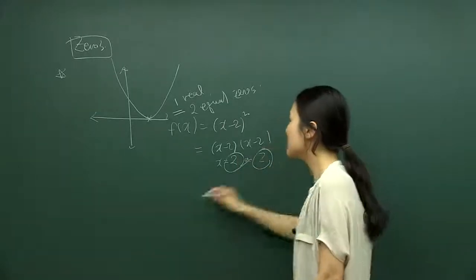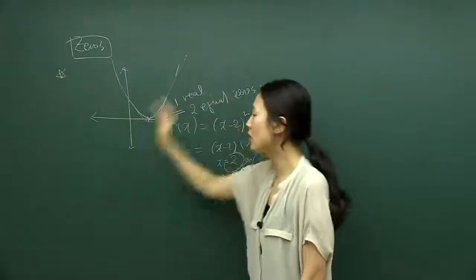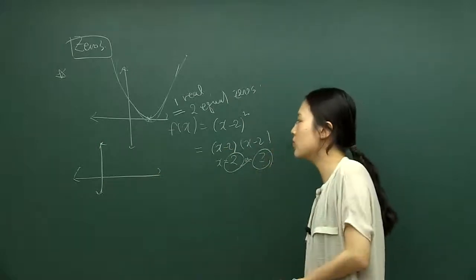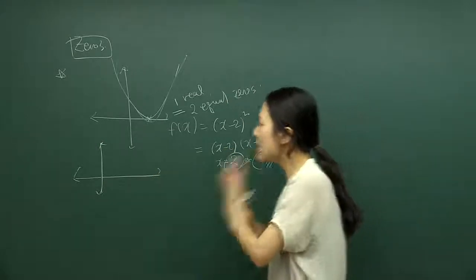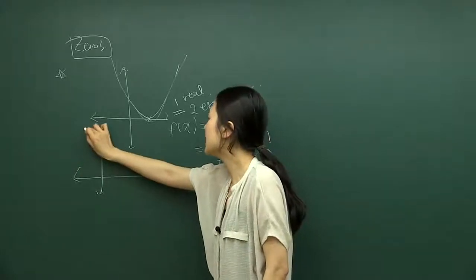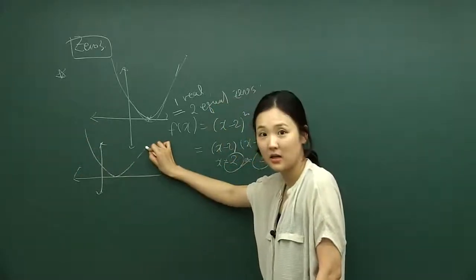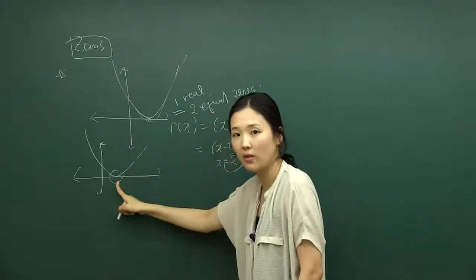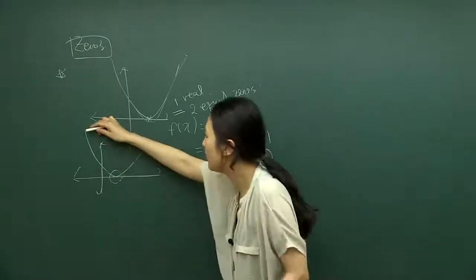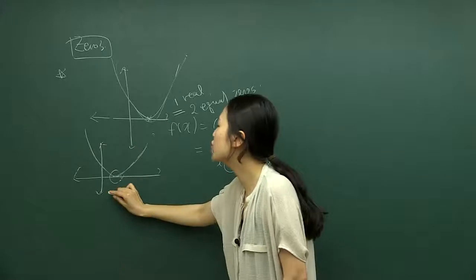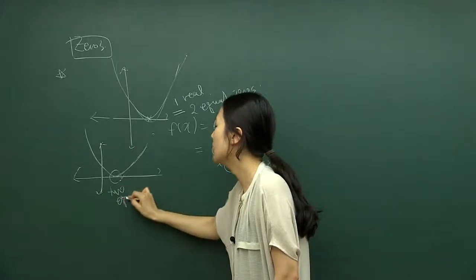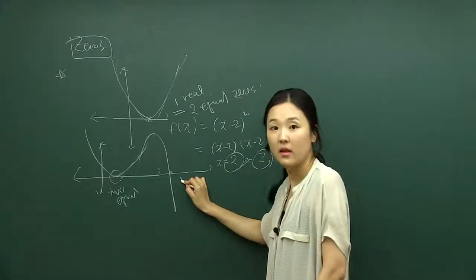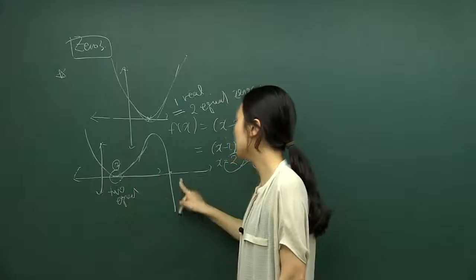So guys, please remember, when you are determining the number of zeros by looking at the graph only, be careful, because when the function is tangent to the x-axis, that means there are 2 of the same zero, not 1. Well, technically it's 2 or 4 or 6, but for SAT level, just remember that there are 2 equal zeros. And when it's passing through the axis, then it's 1. Consider this as 2 of the same, this as 1.